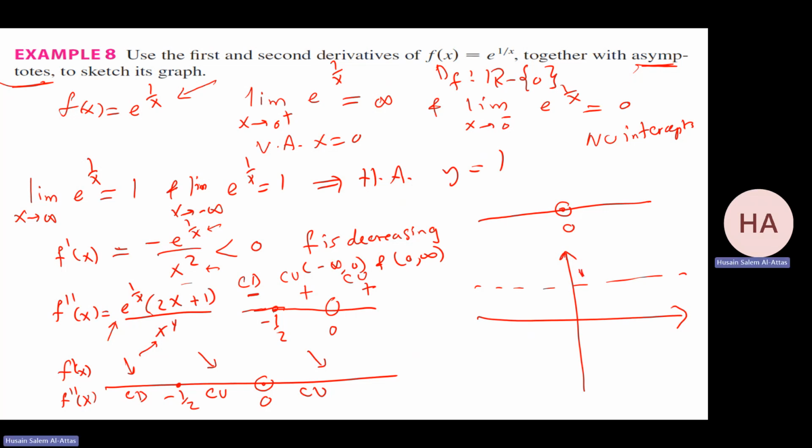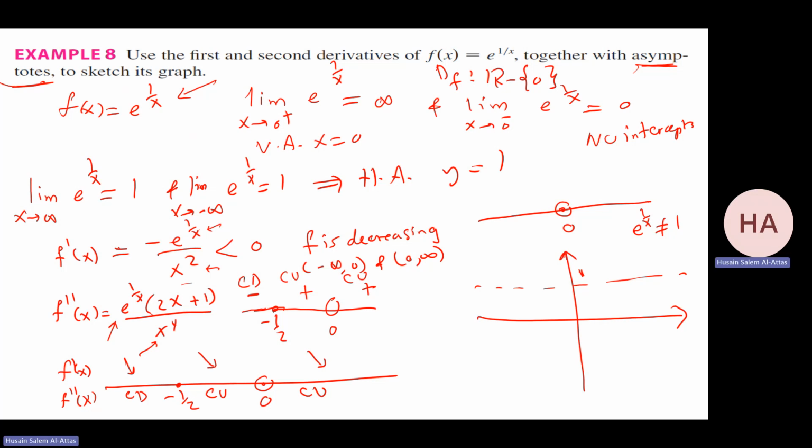And will that asymptote be crossed? No, it will not be crossed because e to the power 1 over x cannot be equal to 1. Because 1 over x cannot be equal to 0. So that will not be crossed. There is no point of intersection between the curve and the horizontal asymptote.